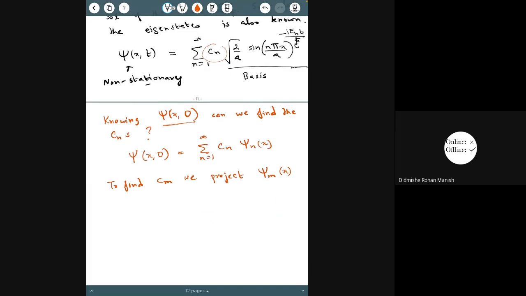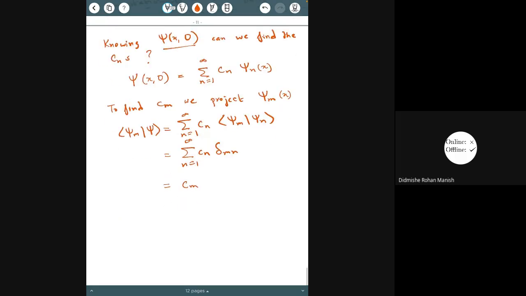Okay. So then <psi_m|psi> is equal to the sum of n equal to 1 to infinity C_n <psi_m|psi_n>. And we proved that they were orthogonal. So I can write this as C_n delta_mn, delta function. So which means it will give me C_m. Okay. So C_m will give me some value.